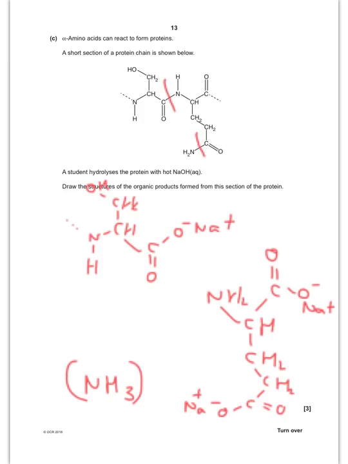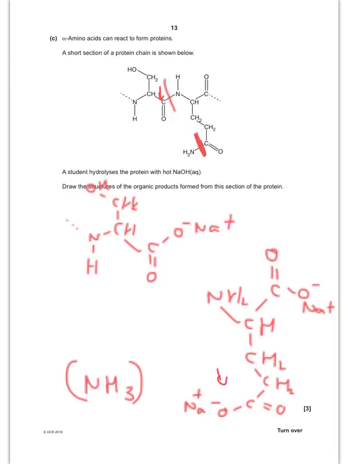So this is a little bit of a cheeky one, but it's not too bad. Remember, when you hydrolyze a protein, you will break all the amide bonds. So I've marked on the molecule there the bonds that will break in red. So you just copy it out, and on the end of here will produce a carboxylate salt, and the same would be produced here, as I've shown down here.